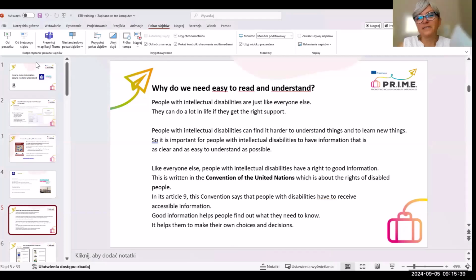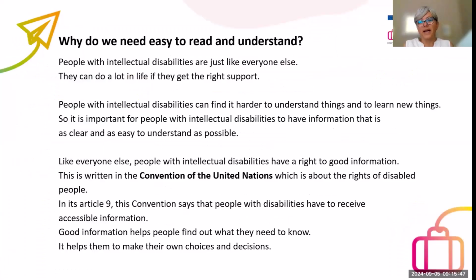Okay, the thing that Vidas has shared with us is extremely important. And now probably most of you understand why easy to read and easy to understand is so important for us.